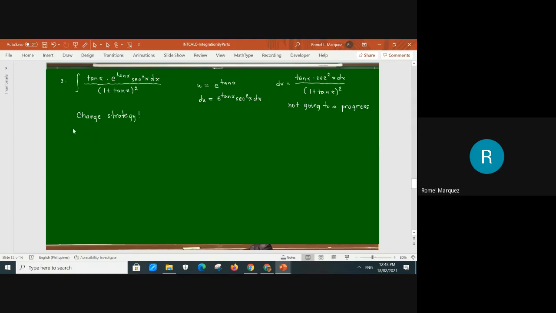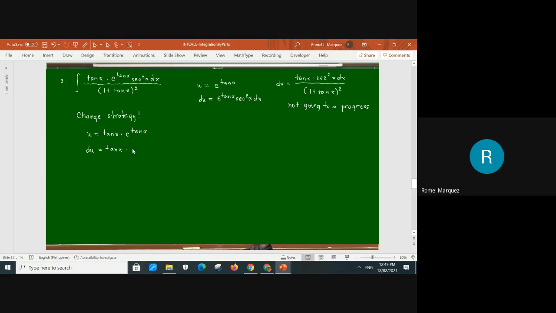So what we do, let's try u equals tangent x. Let's get rid of this together with this. This secant squared dx is compatible with this denominator, power formula. So tangent x times e to the tangent x. What is my du, guys? The first times the derivative of the second.